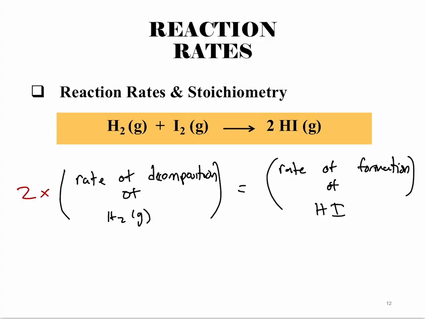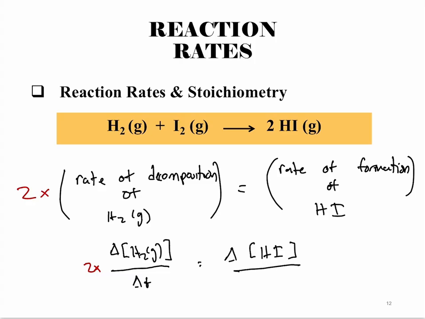And so that means that, and again, I'm going to substitute now what the rate of decomposition was, which was delta, which is just the triangle, delta H2 over delta t, and we have our 2 times in front of it, is equal to delta HI over delta t.